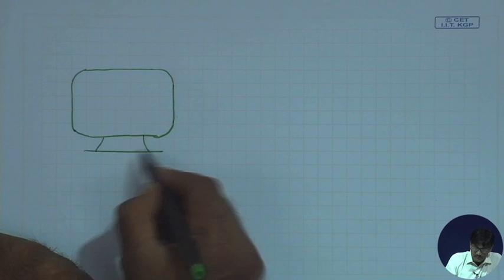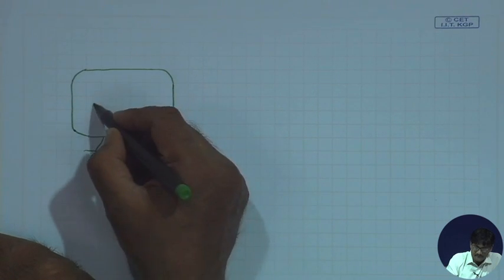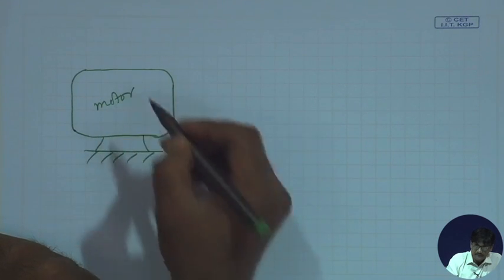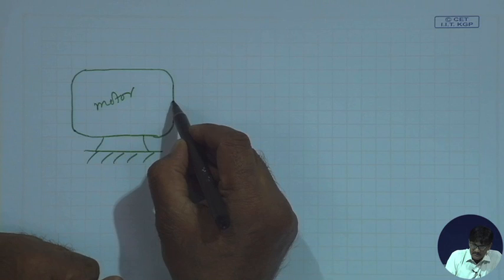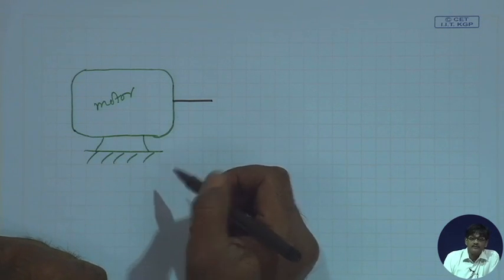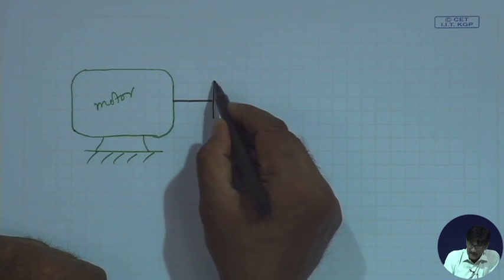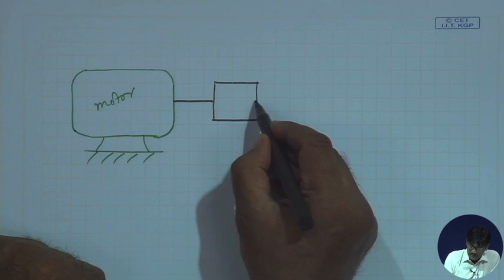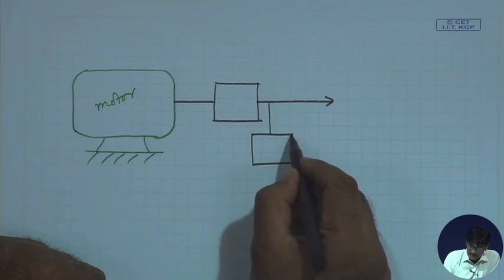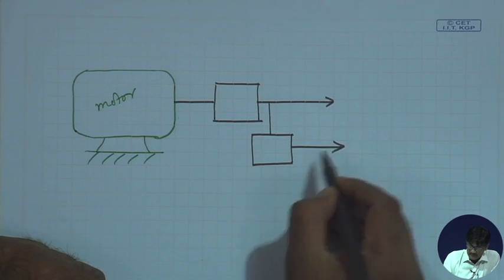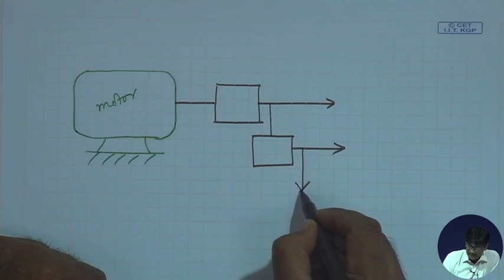This is our motor. This is the output from the motor. We have gearbox, gearbox, gearbox.